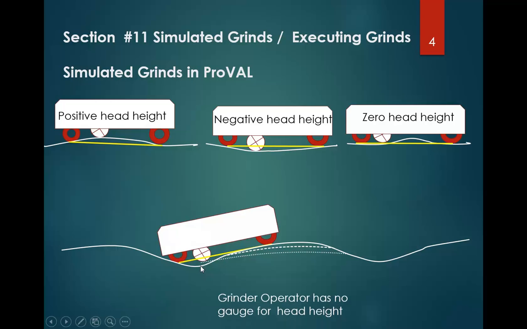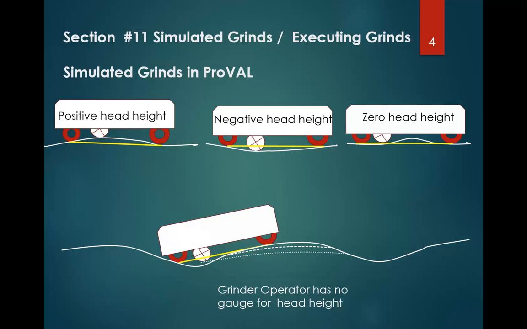The operator doesn't have a gauge to evaluate his head height with respect to that zero head height plane. He's just going to pull up to that station where we told him to, and lower his grinder head until it starts skimming. Then he's going to start driving into it. Then we get a line that's below both of these lines, and that grind is not going to be close to the grind that we tried to model in our software. So it's important to take all the steps we can to build as accurate a model as possible.